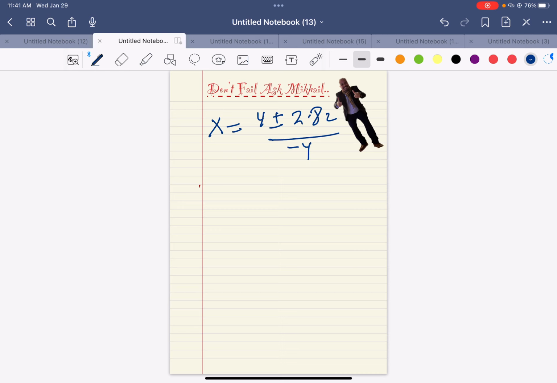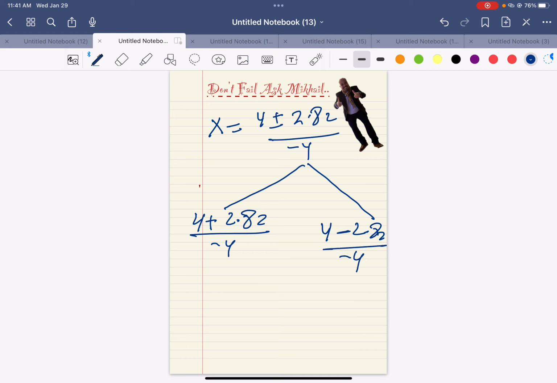Once you evaluate the radical, you split it into two: one takes the positive, one takes the negative. That will be 4 plus 2.82 over negative 4, and 4 minus 2.82 over negative 4, and we calculate this.